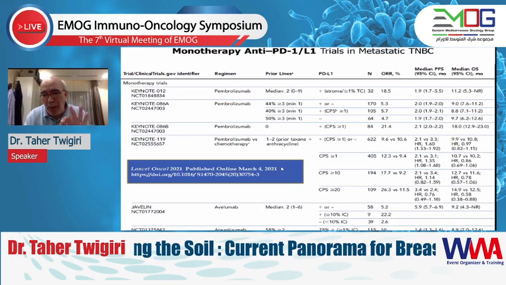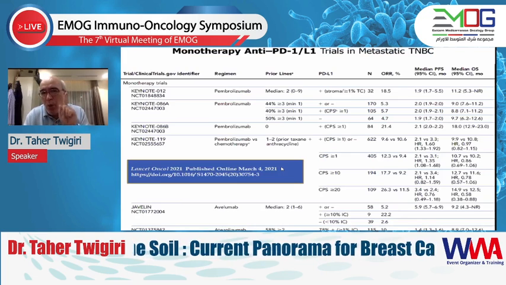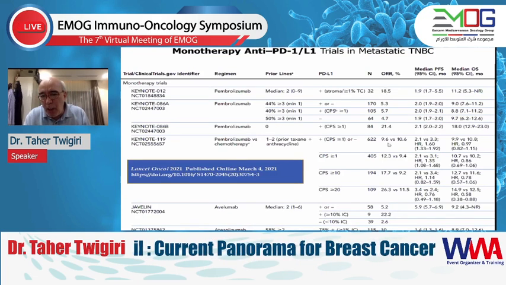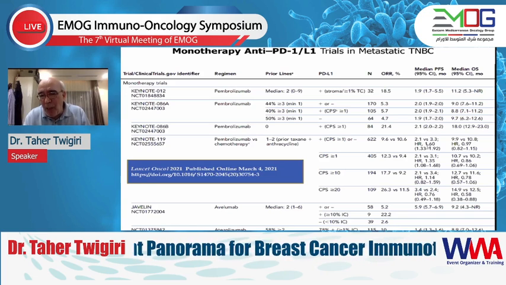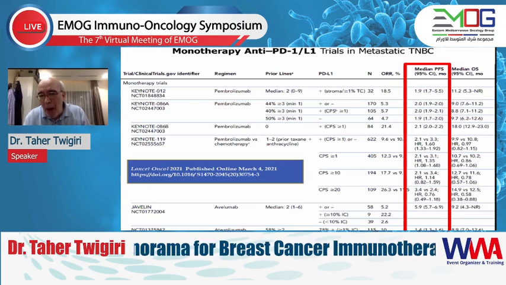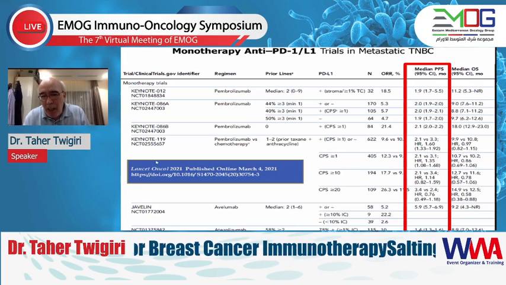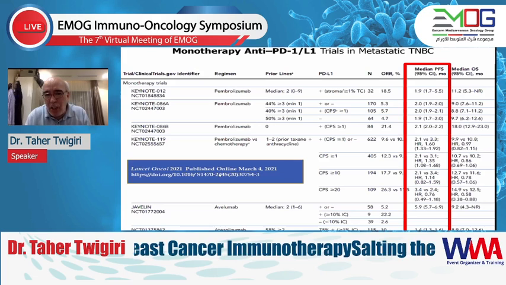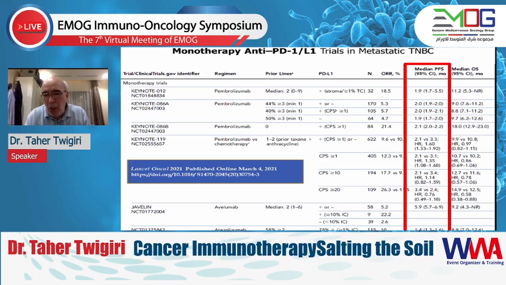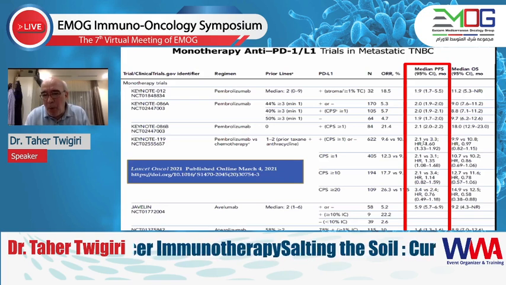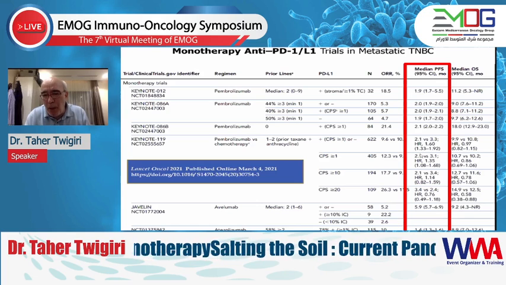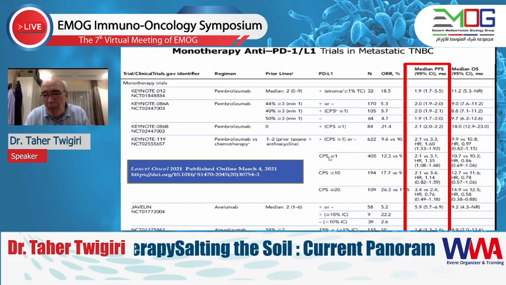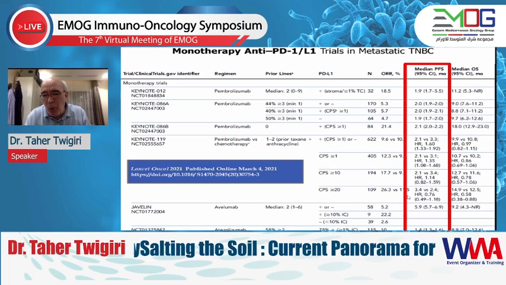Now, this is the whole trial that used monotherapy. If you are looking at the response rate, it is not exceeding 10. The median progression-free survival is around 2 months, and the median survival is about 9 months. This is Keynote 119, just published on March 4, 2021, showing that the progression-free survival for the whole patient population is about 2.1 versus 3, and this is again for those who are PD-L1 positive at more than 1%, 10%, and 20%.